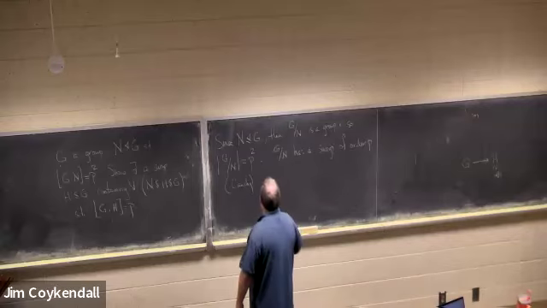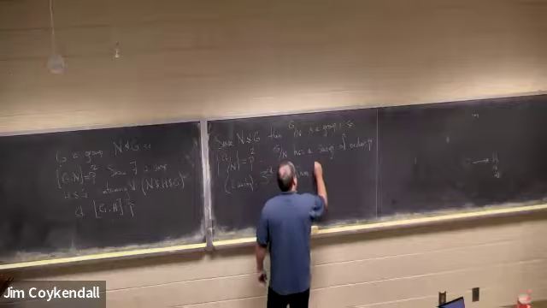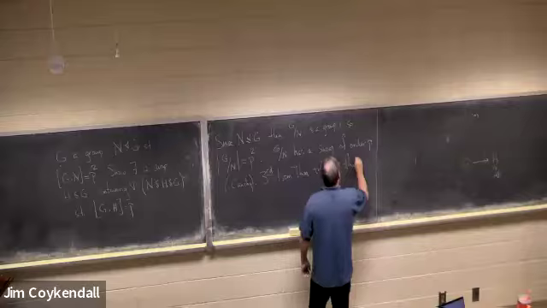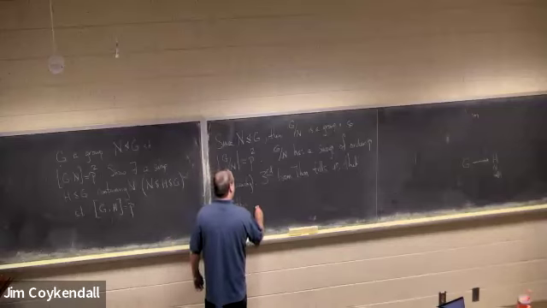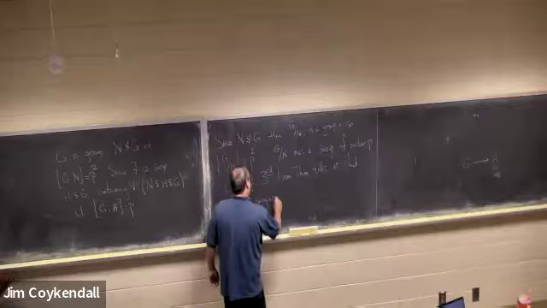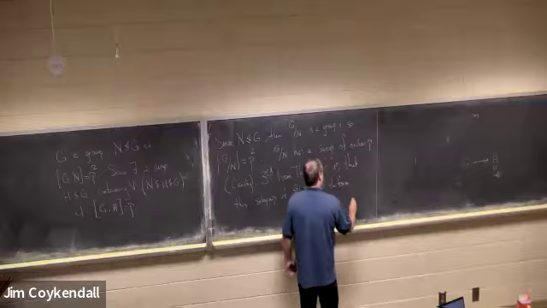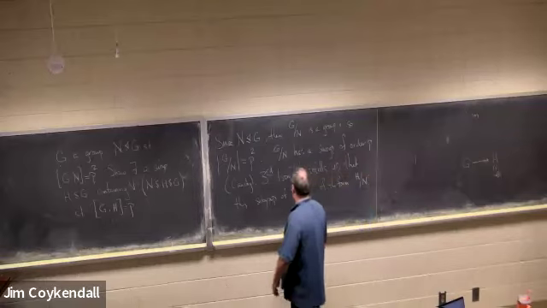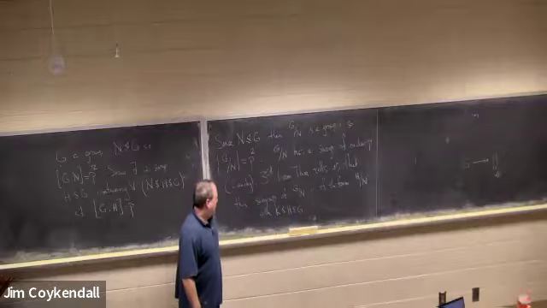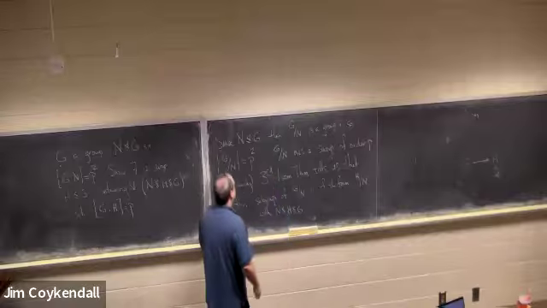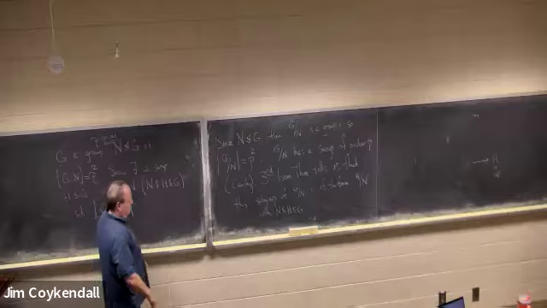And the third isomorphism theorem tells us that this subgroup of G mod N is of the form H mod N, with H squeezed in between N and G. Right?